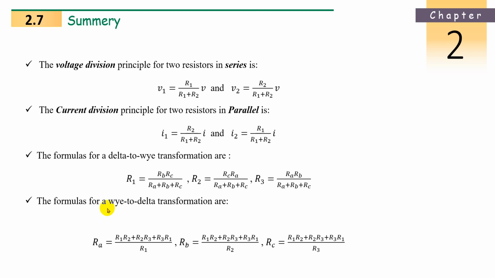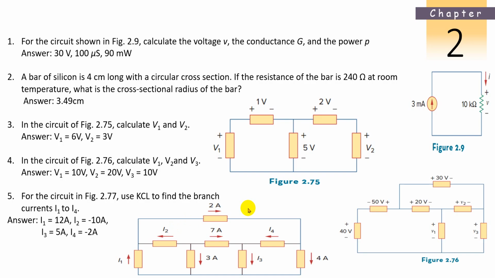But in the Y to delta transformation, it is the sum of the multiplications of two resistances at a time, R1 R2 plus R2 R3 plus R3 R1, common for all three, divided by the opposite side resistance. So like this we have star delta transformation, or Y delta, delta to Y or Y to delta transformation.